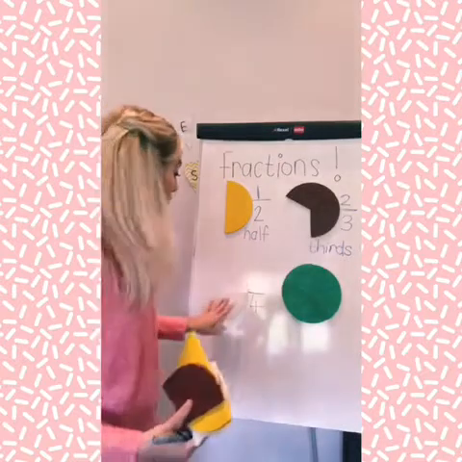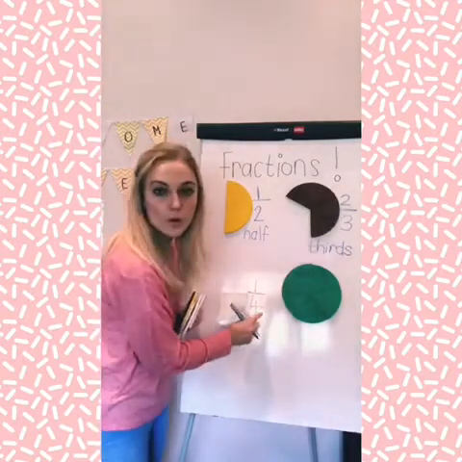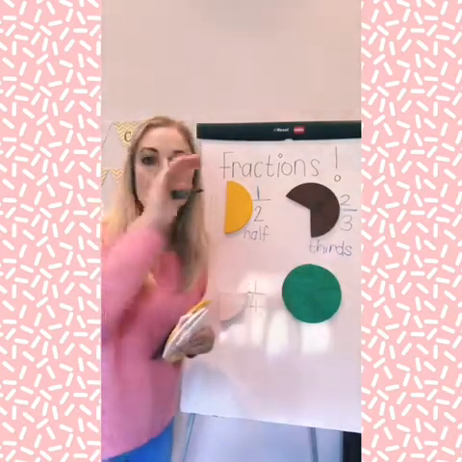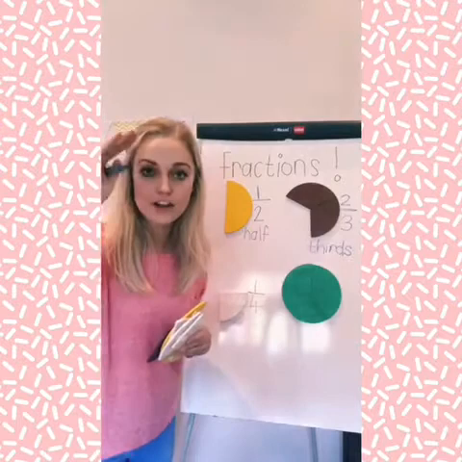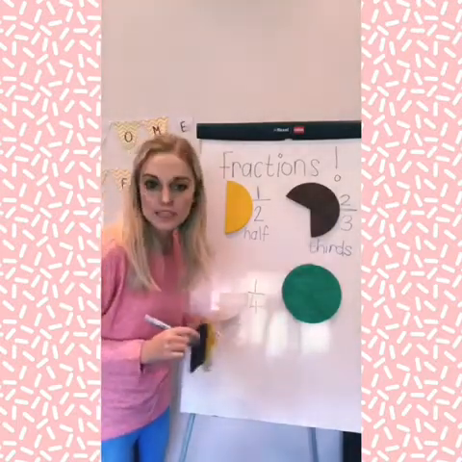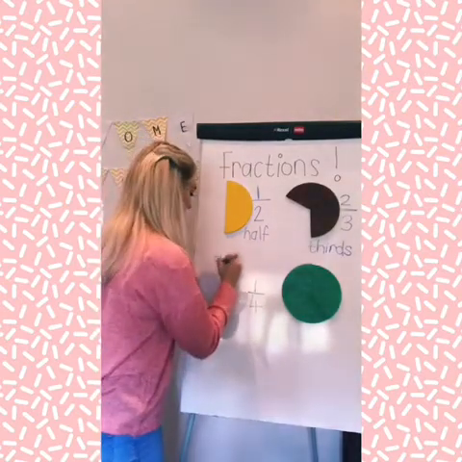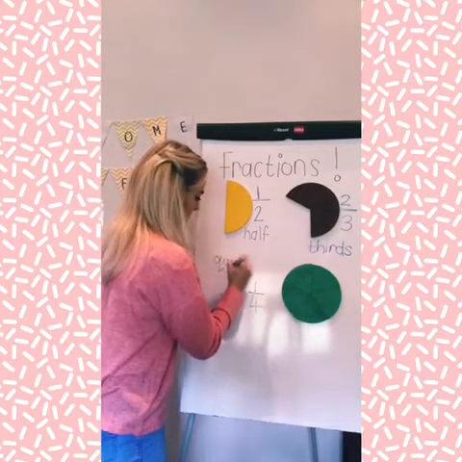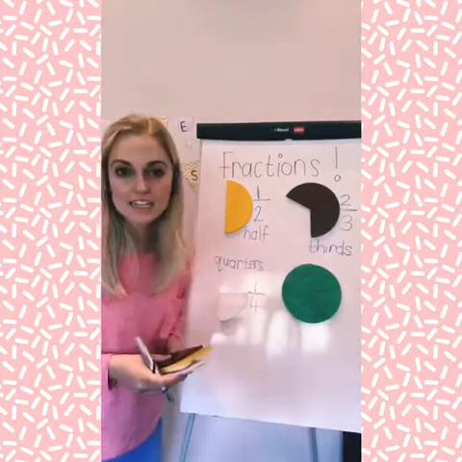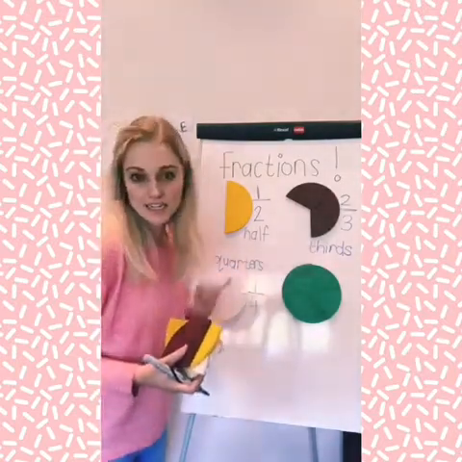No, 1 of 4 pieces. Remember to write the line that shows it's a fraction. Okay, if we work with 4 pieces, then we call them quarters. So we have 1 quarter left.